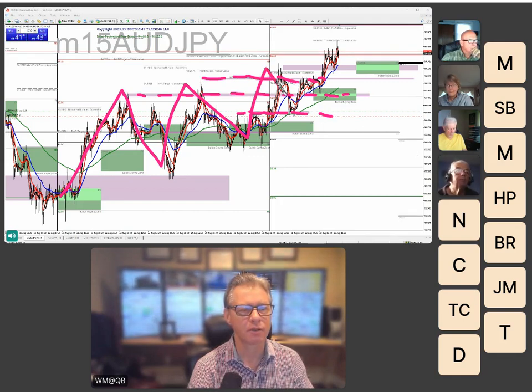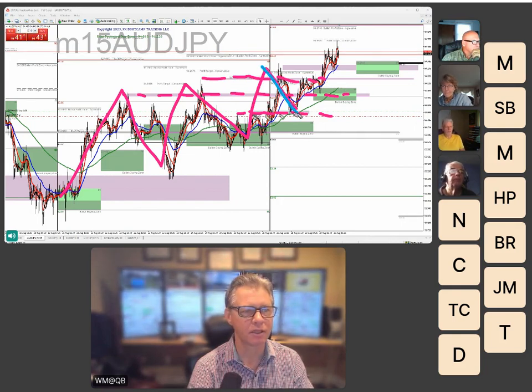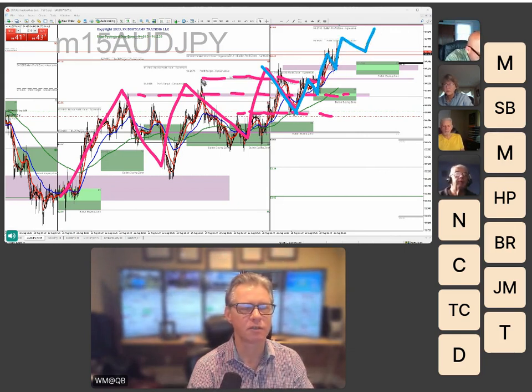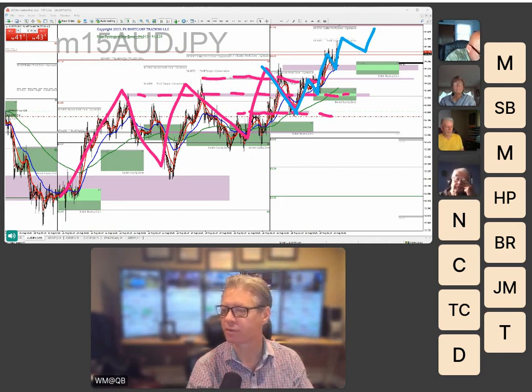And so it came down. Oops, I wanted that in blue. There we go. It came down, hit this level, then here, and then here, and then here, and here, and here. And we just keep recycling. Resistance becomes support. Resistance becomes support. Resistance becomes support.